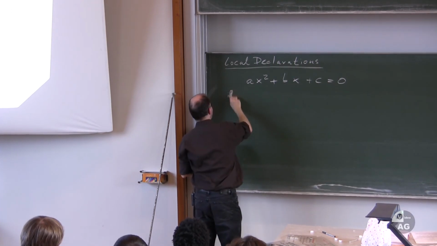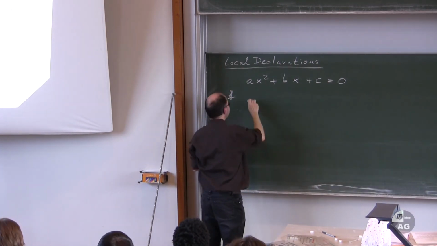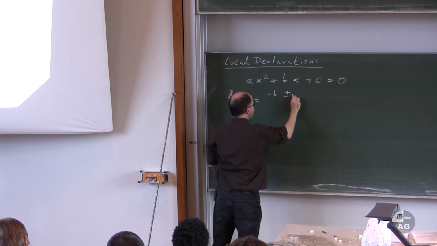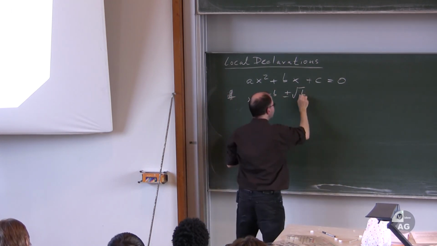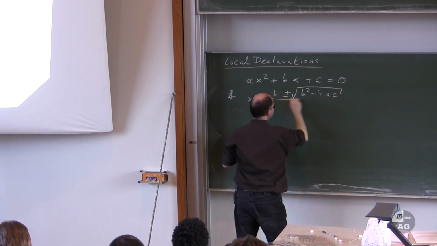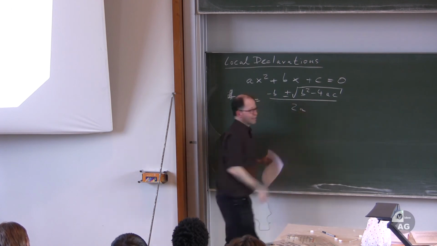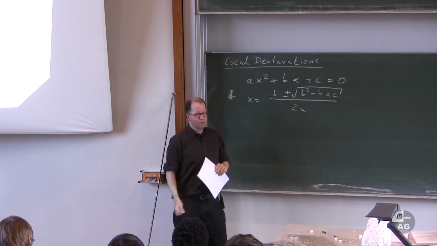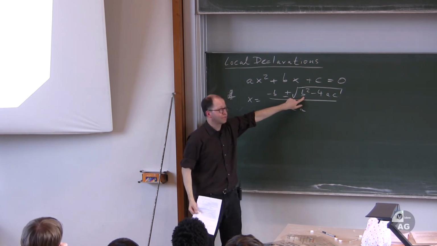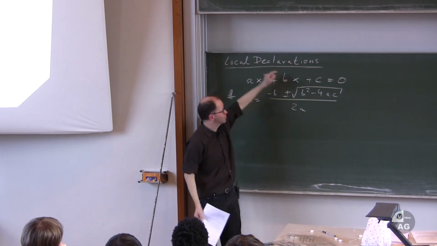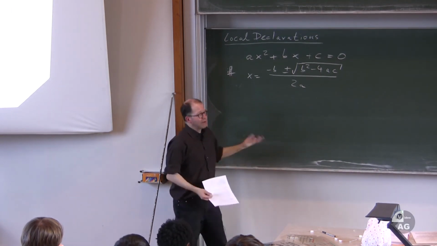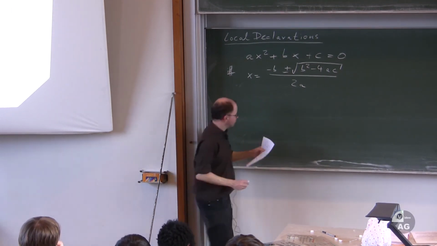This holds if and only if x is the following: minus b plus minus square root of b squared minus 4ac, divided by 2a. So I hope this looks familiar to you. And depending on whether the term under the root is positive, negative or 0, you have two solutions, one solution or no solution in the real numbers.